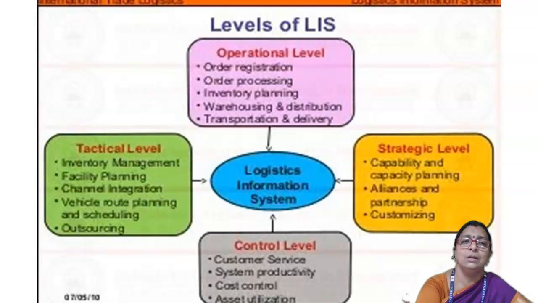So the customizing will give you an answer for all these questions. Which part of the customers are affected if you go with the customizing option? Will there be any opportunity loss? All these questions will be answered analytically with the help of a logistics information system.